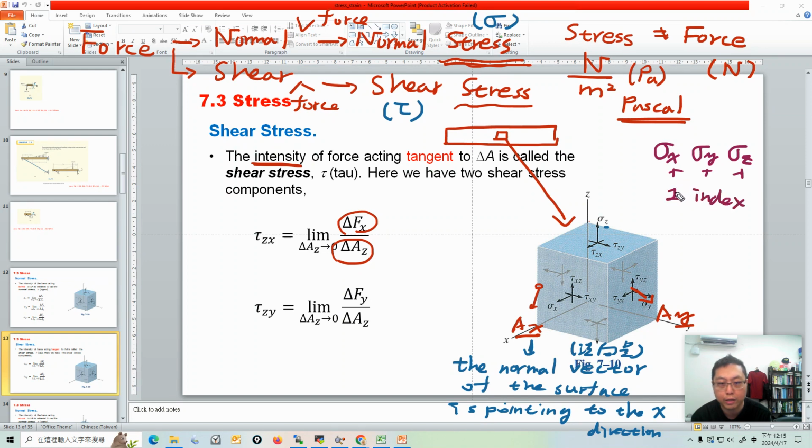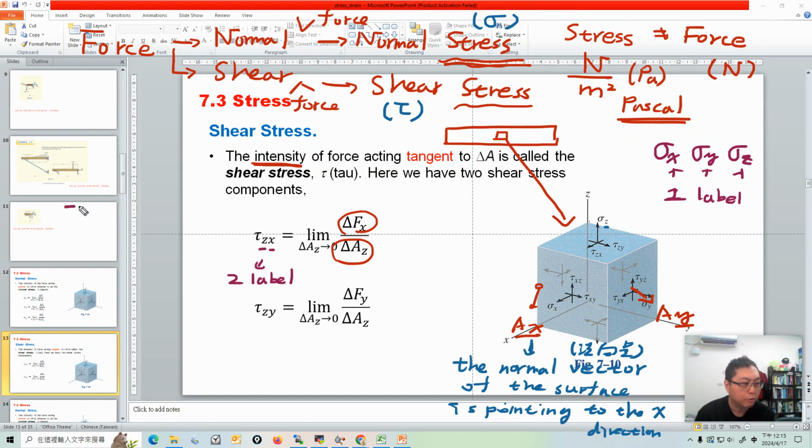But now in shear stress, we have two indices, or two labels. Maybe using label is much easier to understand. In normal stress we only have one label, but in shear stress we have two labels. And you have to know why there are two labels.